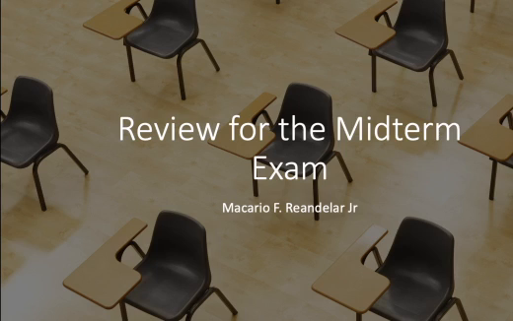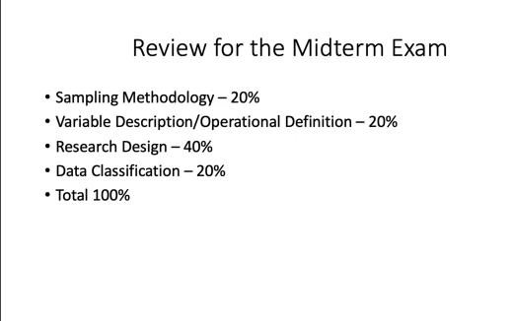Today, we'll give you a review for the midterm examination this Friday. And this is the coverage of the exam. You will note that we had 4 topics for the midterms period: sampling methodology, and that will be total points 20%, and then variable description, operational definition is also 20%.